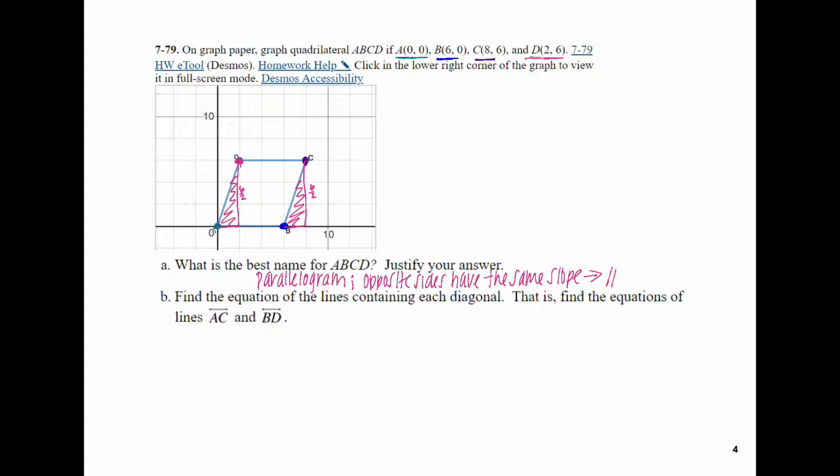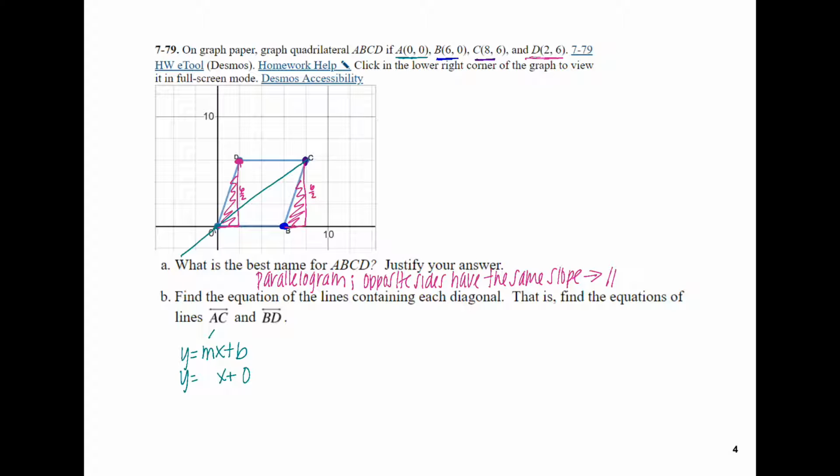Find the equation of the lines containing each diagonal, that is, find the equation of line segment AC and line segment BD. So when we look at line segment AC, we want to see what the y-intercept is. So y equals mx plus b, which looking at our line, we can tell that our y-intercept is 0.